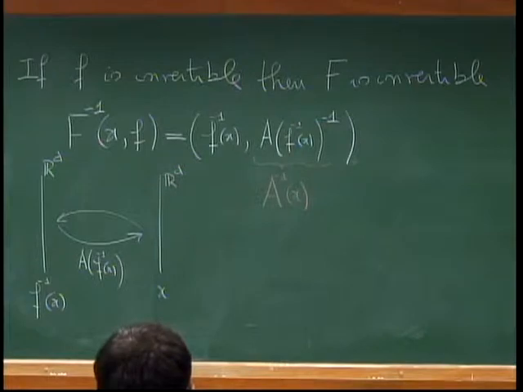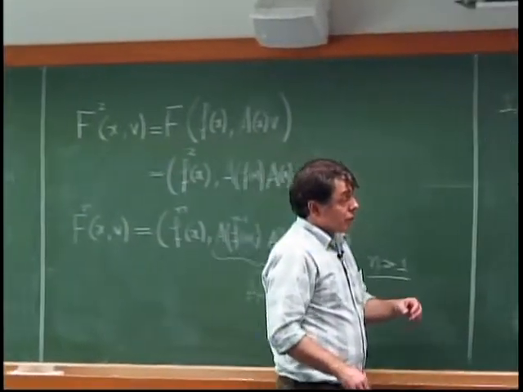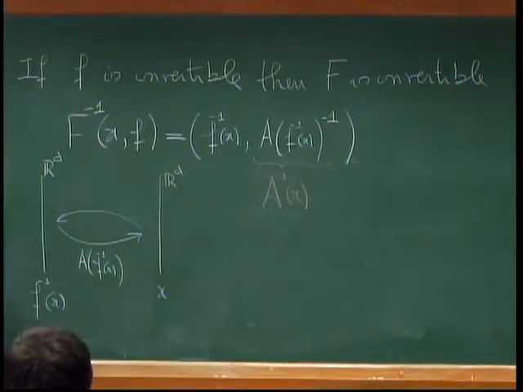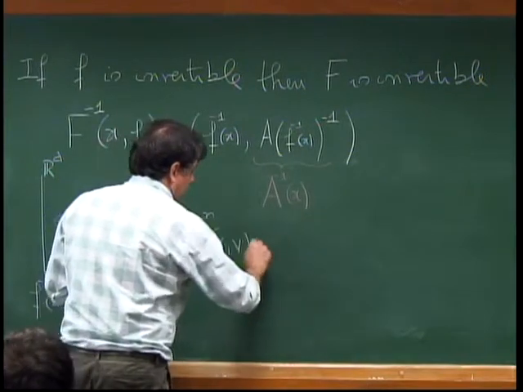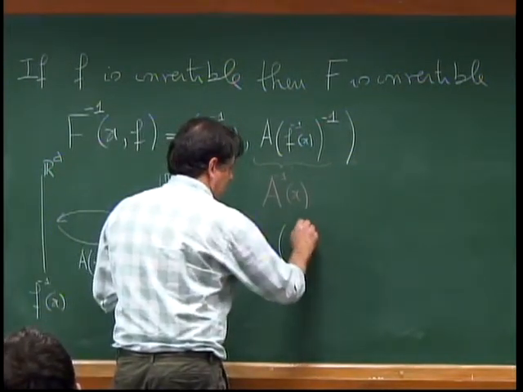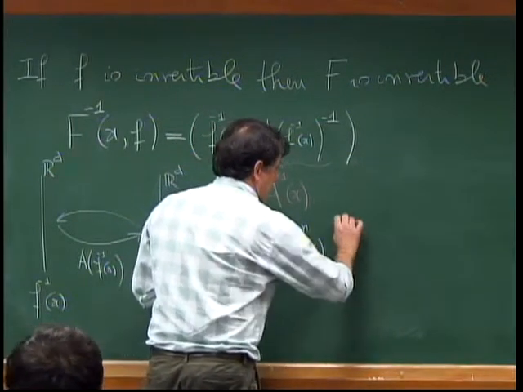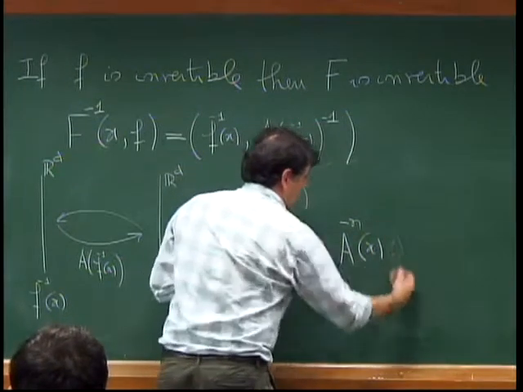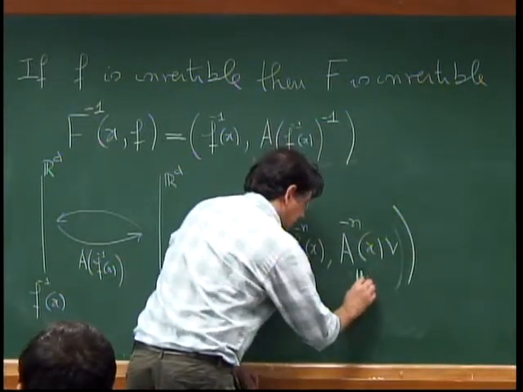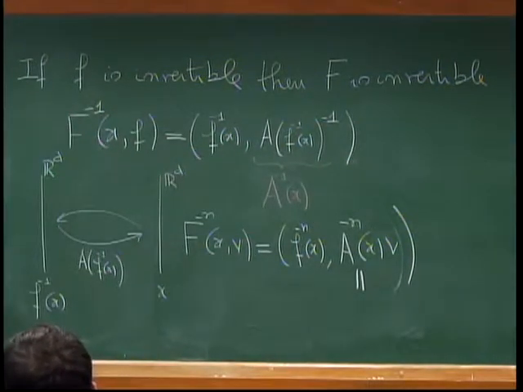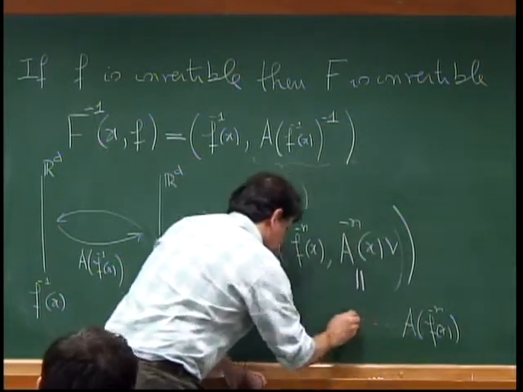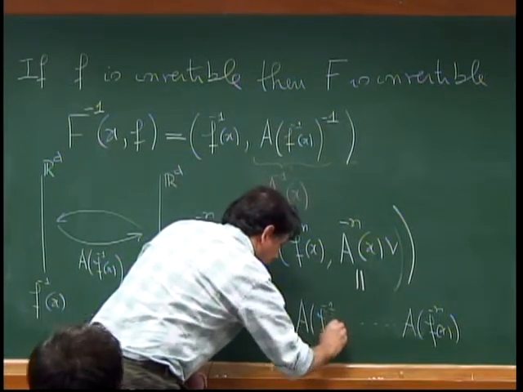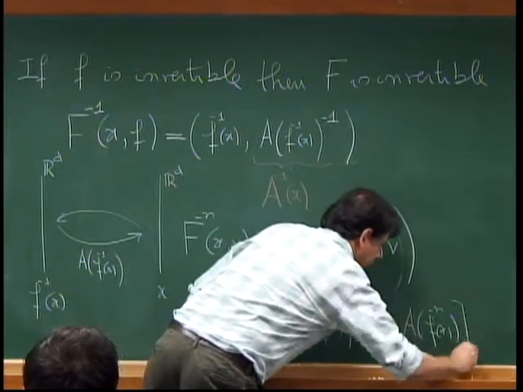The good way to keep track of these notions is to think of the chain rule, the rules for the derivative, which are exactly the same here. So in general, F^(-n) of (x, v) is f^(-n) of x, A^(-n) of x applied to v, where A^(-n) is A of f^(-n) of x, ..., A of f^(-1) of x, inverse.